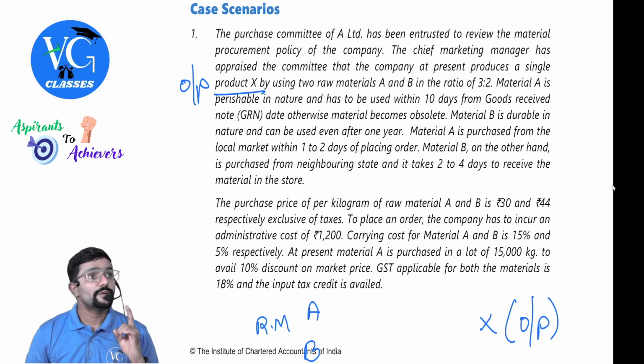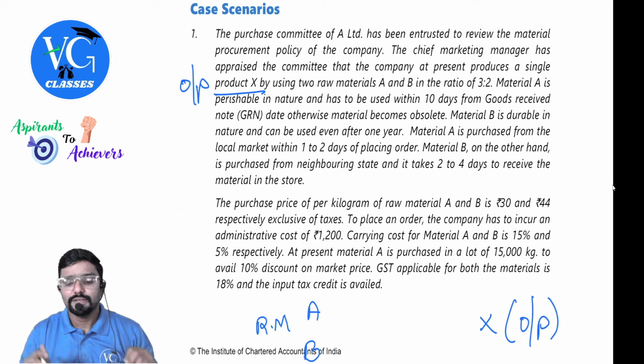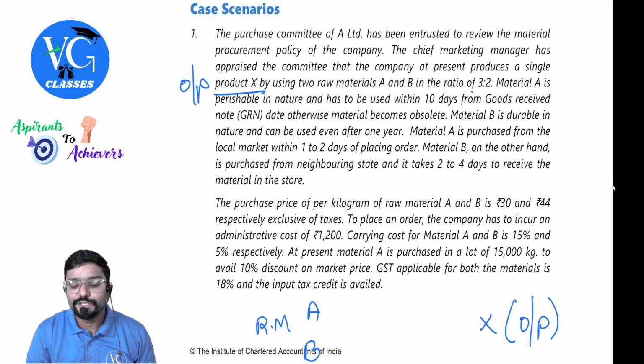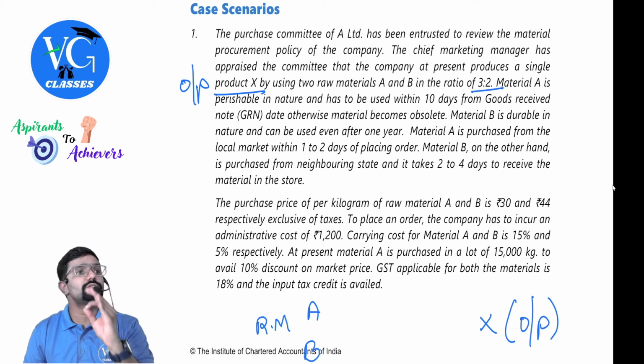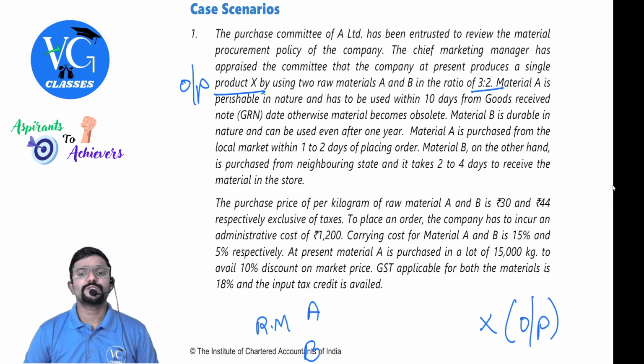To produce 1 unit of output, we will use 3 units of A and 2 units of B. A and B is used in what ratio? 3:2, guys.